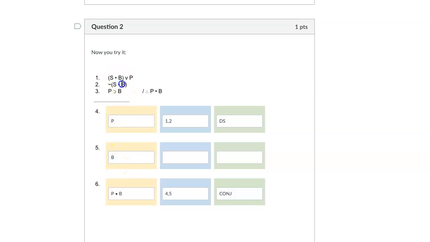It's in a few places, but the thing that really sticks out to me is that it's the consequent of a conditional, and that sticks out to me because I know that modus ponens is a rule that allows me to get the consequent of a conditional on its own line if I also have the antecedent on a line, and I do. We've already shown that if these premises are true, so too is P. So now that I have the conditional and the antecedent on a line, I can infer the consequent. I will justify that. I looked at lines 3 and 4, and I applied modus ponens.